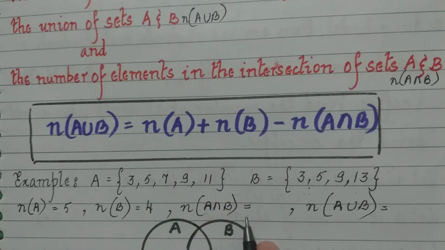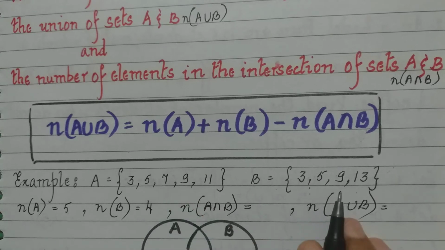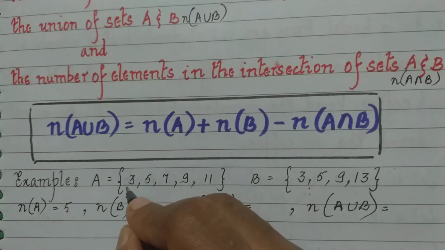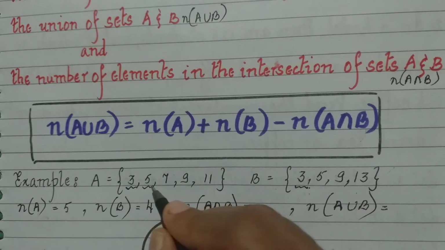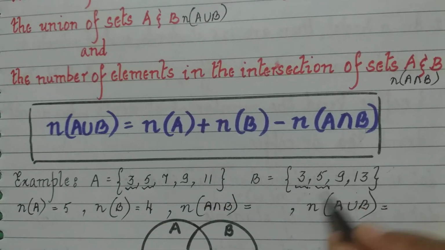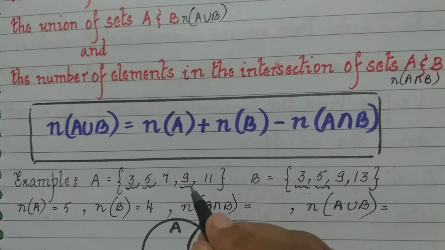Then I have n of A intersection B. A intersection B will include the elements which are common to both A and B. We see 3 is common to both sets A and B. 5 also is common to both. We also see that 9 is common to both.